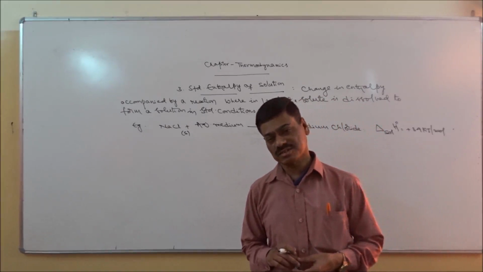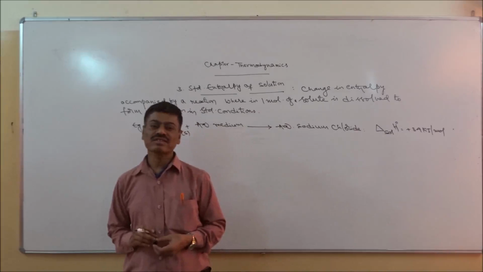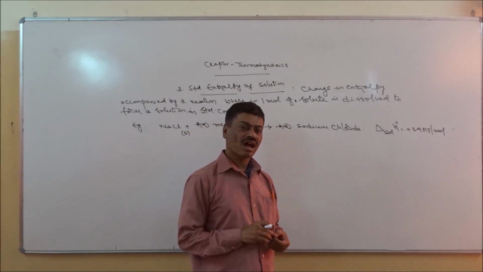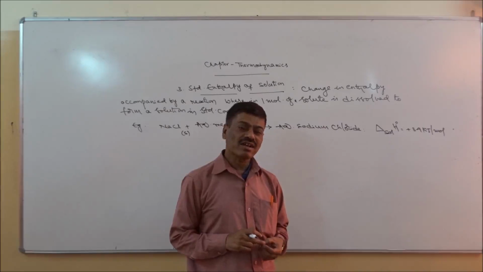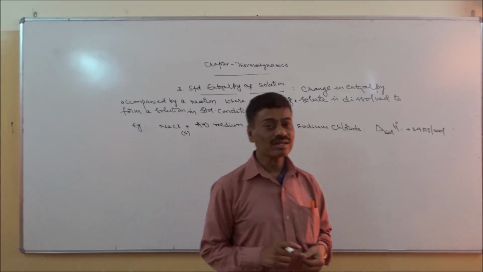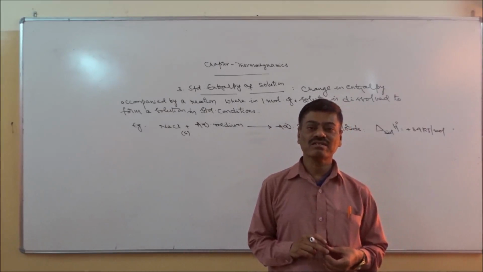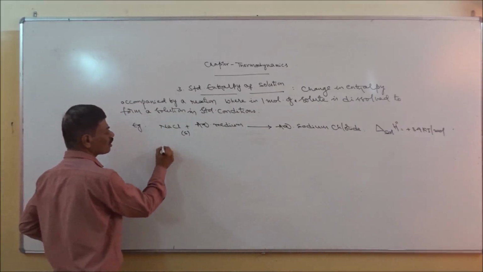Net change in the energy remains always constant. Means total energy of the system will not be destroyed. Right? Extra energy cannot be created from that system. So always the energy remains constant. This is nothing but first law of thermodynamics.